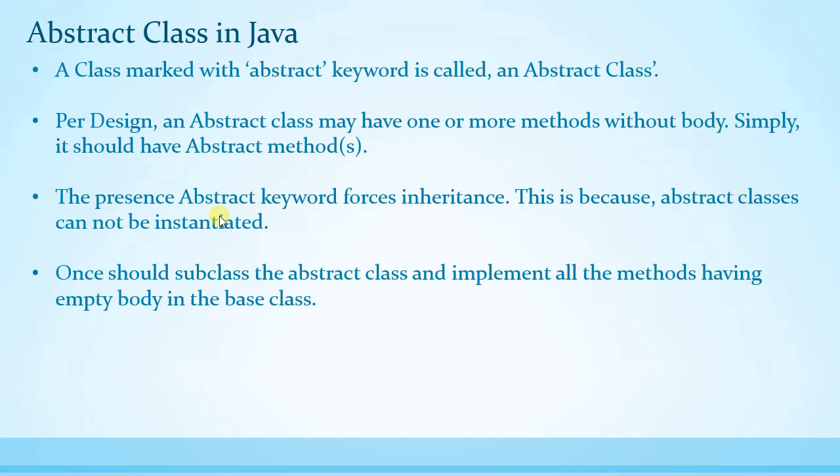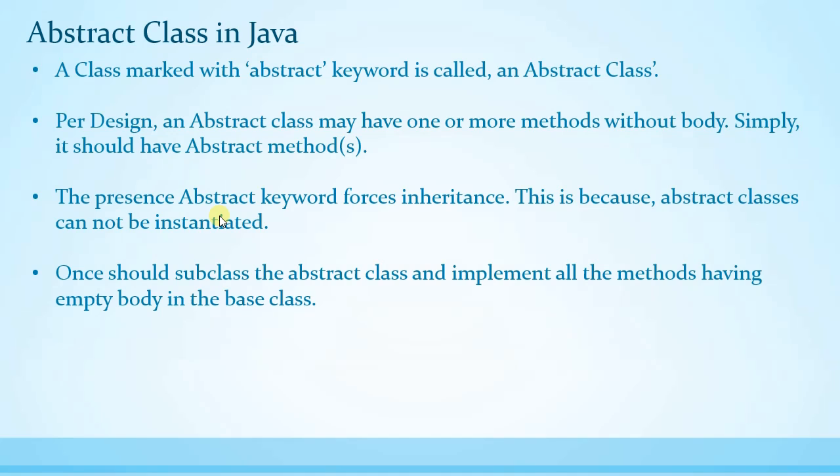If class B defines only one abstract method, then class B still becomes abstract. To create an instance of class B, one should implement all the abstract methods defined in its superclasses.